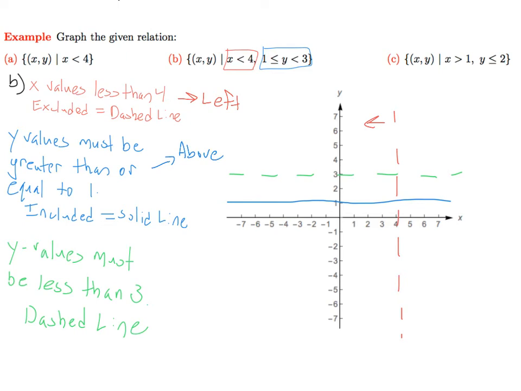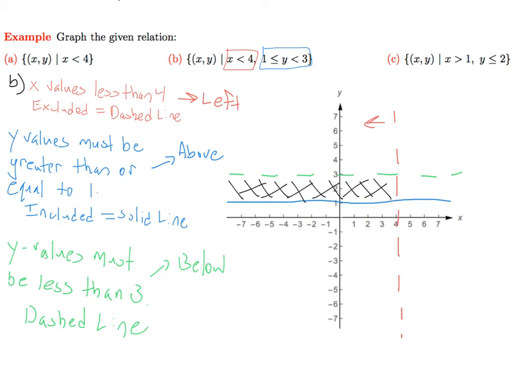And we need to be less than 3, so we're going to be below that line. So that puts me right in this region between the blue and the green line. And again, because we have a dashed line for this boundary, and this boundary, points that sit along this boundary are excluded, where points that sit along this line we would include in here.